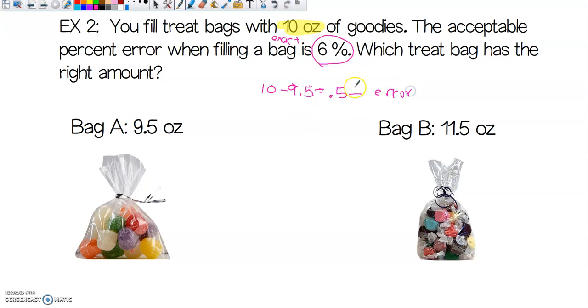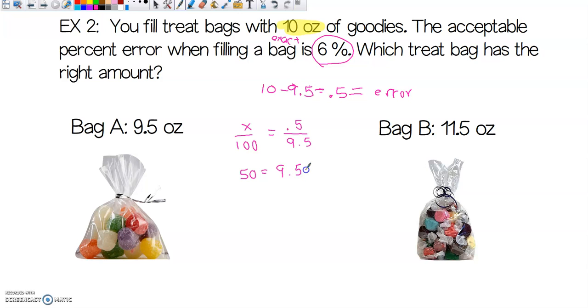There we go. Equals error. So we have the error on the top, which is 0.5, the exact on the bottom, which is 9.5, and then we will set it equal to that ratio so we can find the percent. Cross multiply. 100 times 0.5 would give me 50 equals 9.5x.